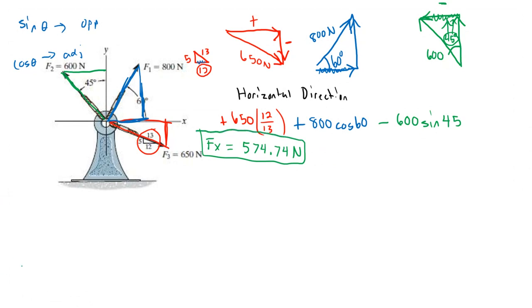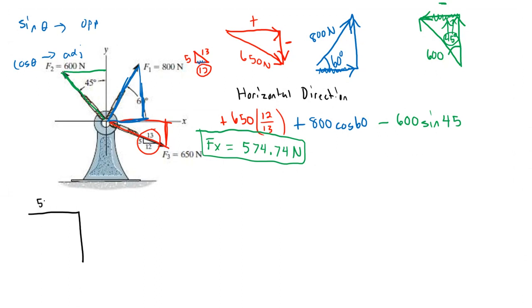Now we're going to do the vertical direction, okay? So let me switch my color. So when we add it up all together, it's a part of the magnitude. So remember, what we're doing is we're trying to figure out a triangle, right?